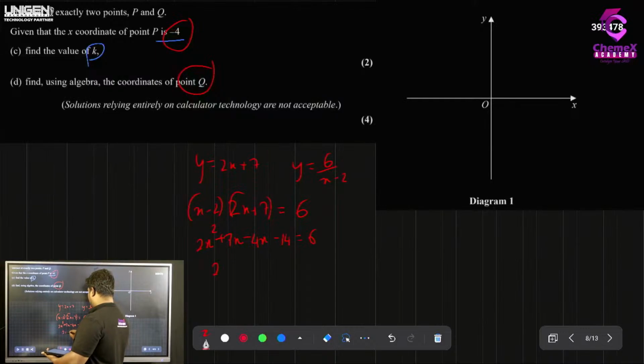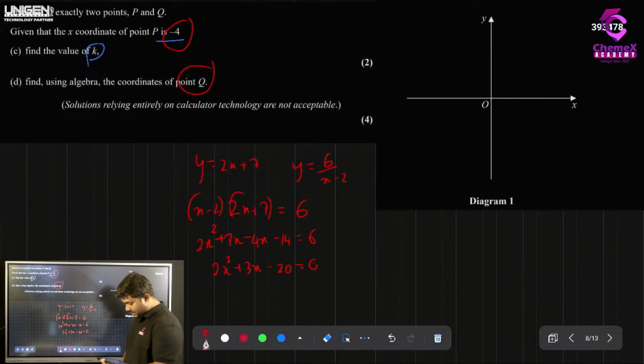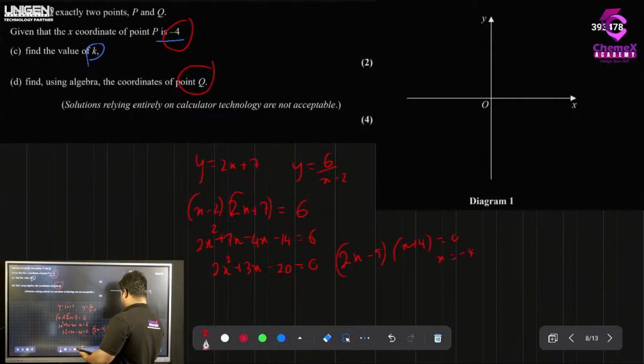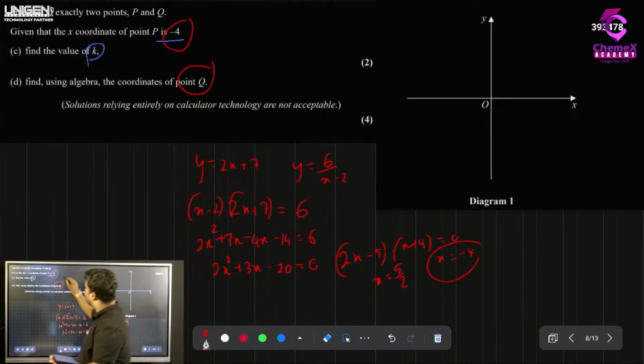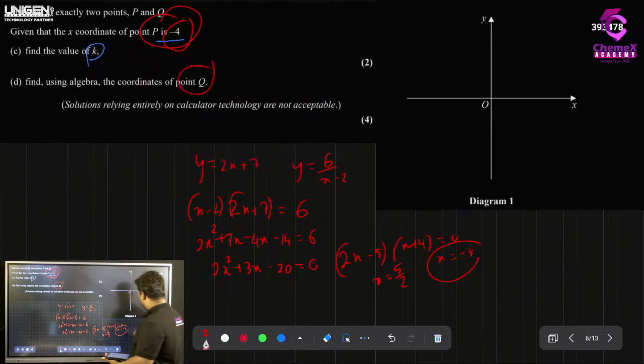So 2x squared plus 3x minus 20 equals 0. So here when you solve, you get 2x minus 5 and x plus 4. So you know x equals minus 4 is one answer. The other answer is x equals 5 over 2. So minus 4 was said to be P. So P coordinate is already given.